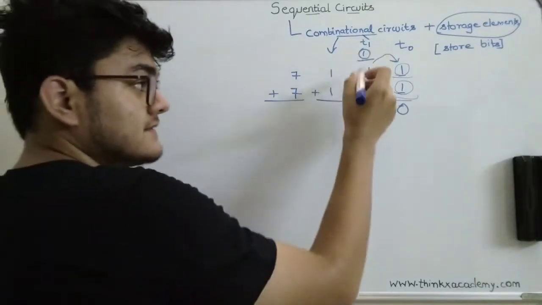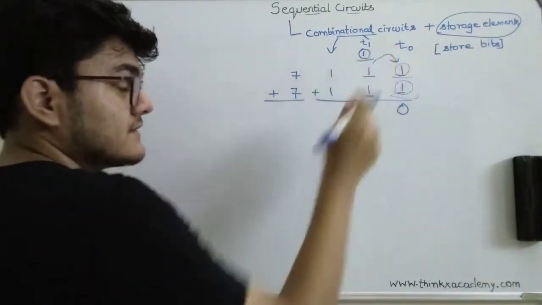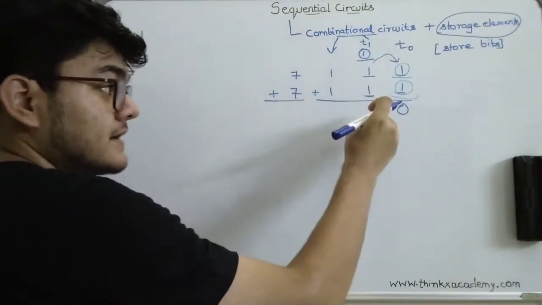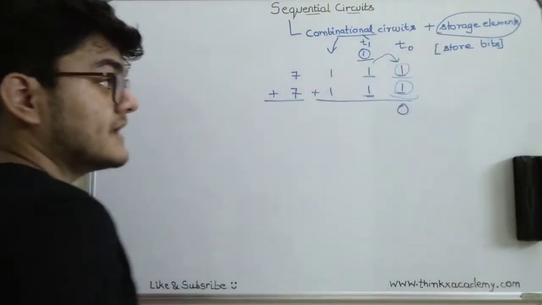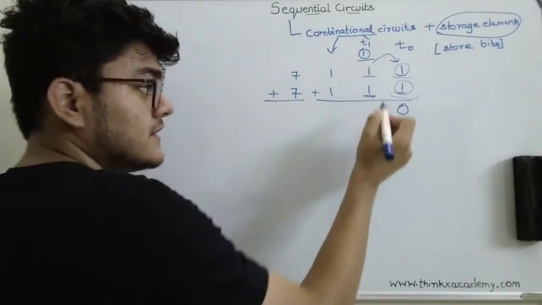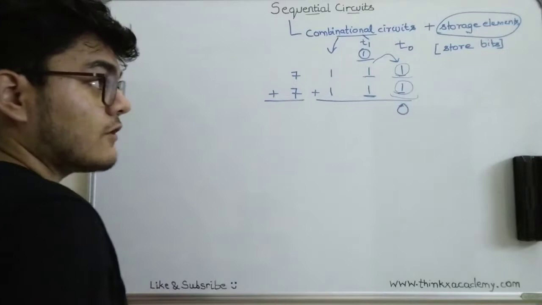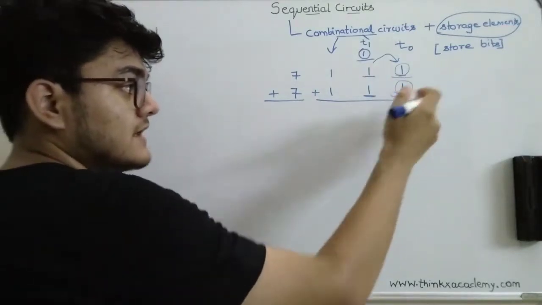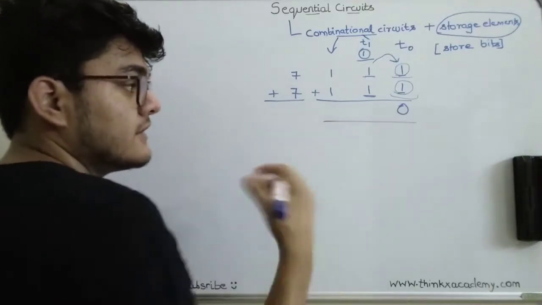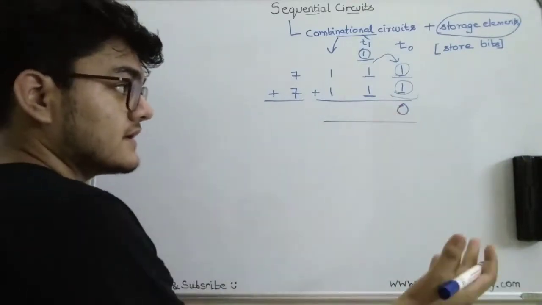This means that the addition at time t1 is affected by the addition at time t0. So we need to store the previous sequence of inputs so that we can display it when we want to display the whole result, right?